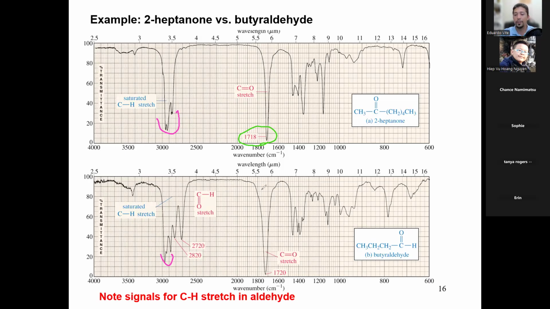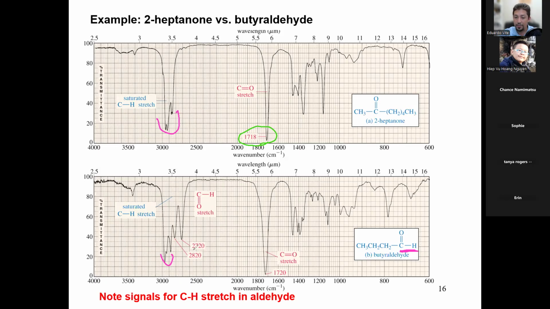So then the question becomes, well, look at that. One is at 1718, one is at 1720. How do you tell the difference between the two? Well, the aldehyde has this CH at the very tail end right here. You see that? Where do you find CHs? You find them between 3000 and 2800.